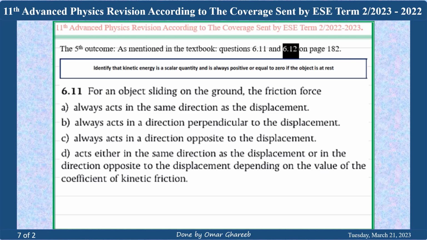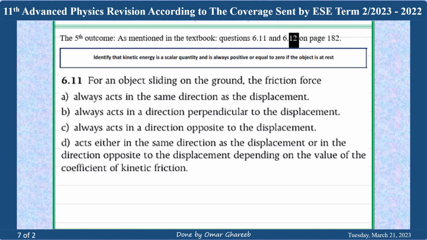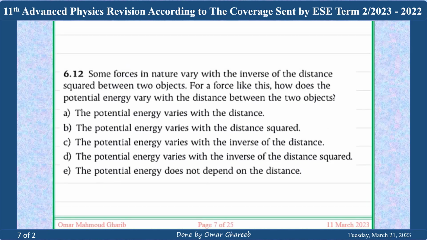I wonder, because 6.11 and 6.12 don't meet the outcome needed. 6.11 is about friction, and 6.12 is about something for enrichment.